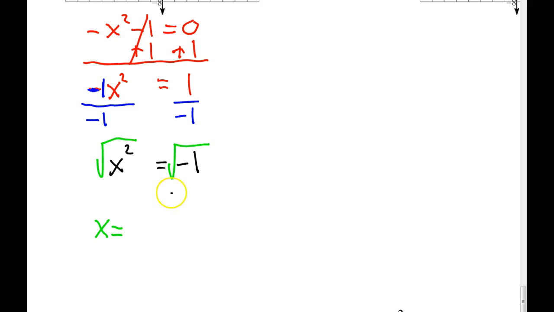It has to be the same number. Oh, 1 times 1 is 1. What times itself equals negative 1? Nothing. There is no solution. You can't take the square root of a negative.